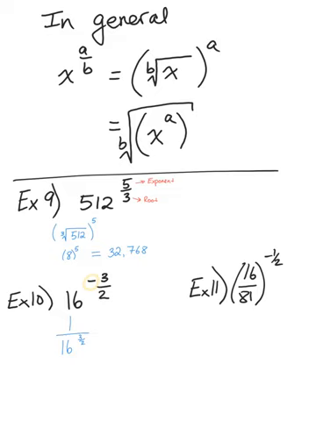And again, same thing as last time. Your top number is the exponent. Your bottom number is your root. So this is really saying 1 over the square root of 16 to the power 3. And again, we simplify this one step at a time. This is 1 over 4 to the power 3. So simplified all the way is 1 over 64.